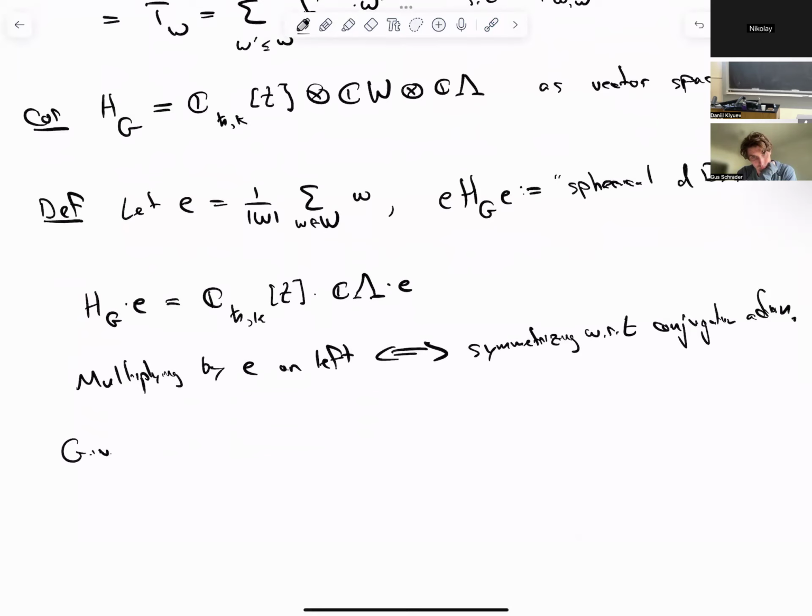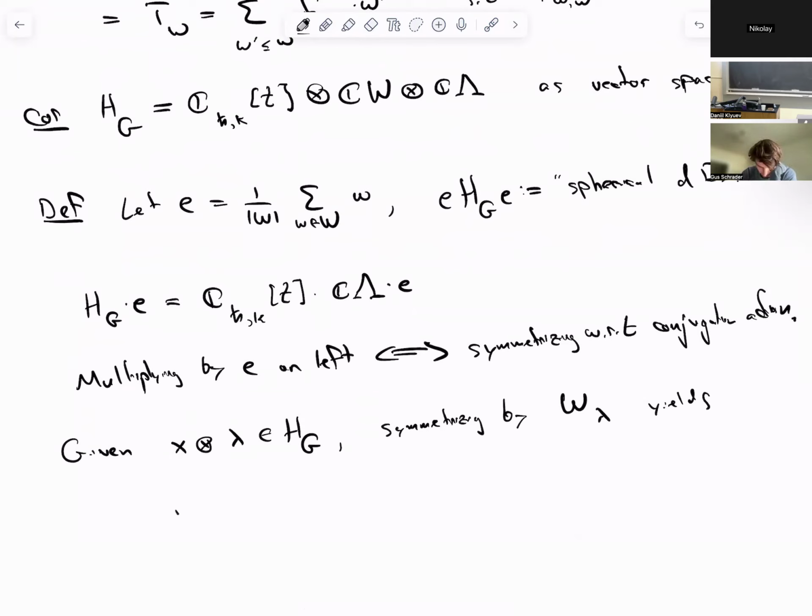Given an X tensor lambda inside HG, symmetrizing by the W lambda, so like the stabilizer of lambda, yields another element X tilde tensor lambda, where now X tilde is W lambda invariant.